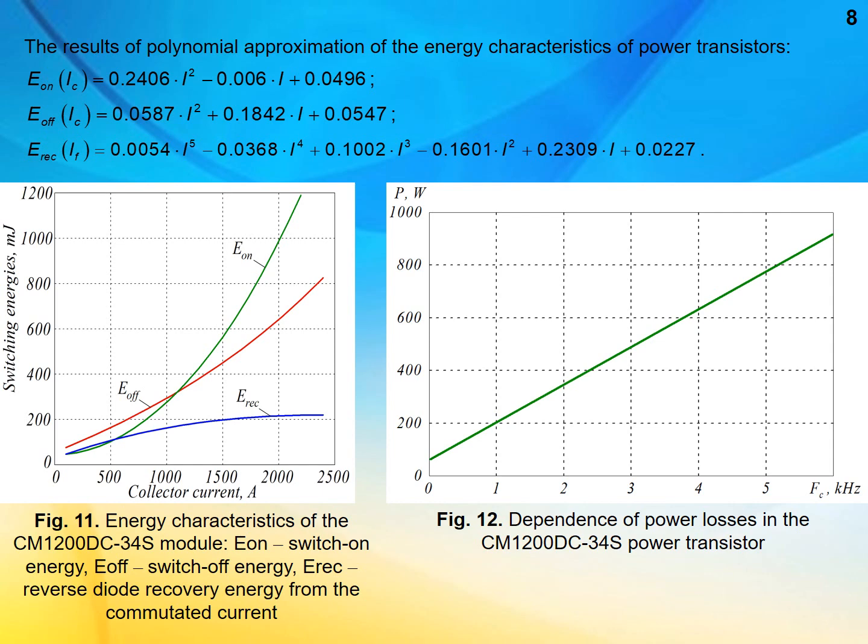The results of polynomial approximation of the energy characteristics of power transistors at a temperature of 25 are given in the following expressions.